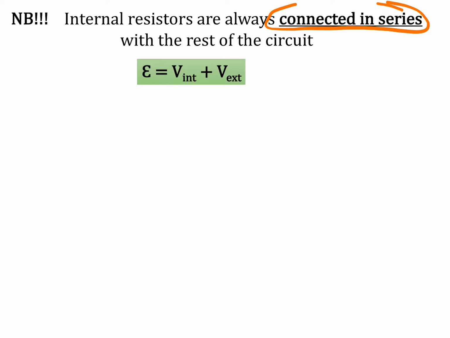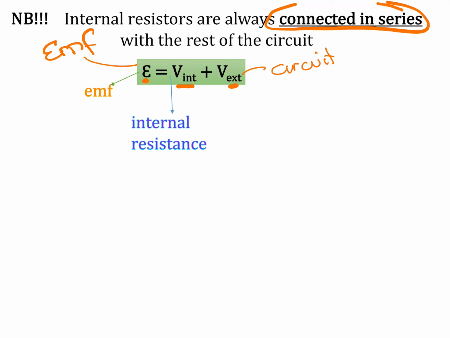So here we have what this means. E equals EMF total. V internal is the potential that's used up inside the cell. V external is everything that happens in the circuit. Okay? So E equals EMF, I said that. V internal is because of internal resistance.